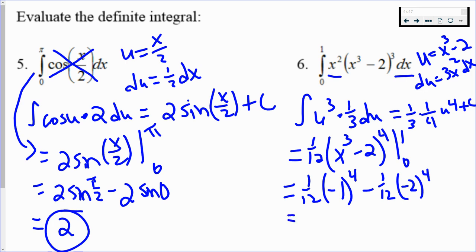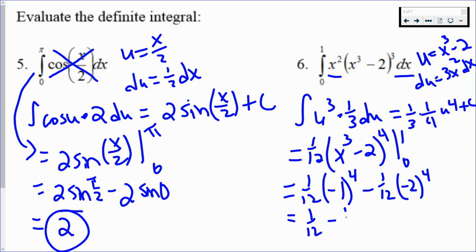So let's think about what we have here. 1/12 times -1 to the fourth. -1 to the fourth is 1, so this is 1/12. Minus -2 to the fourth would be positive 16, so 16 over 12.